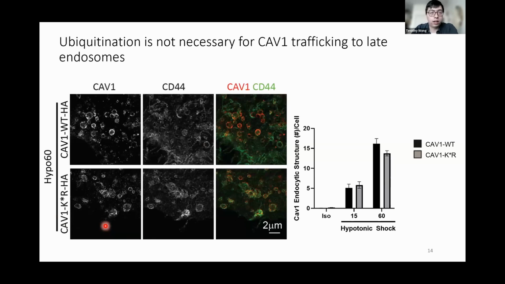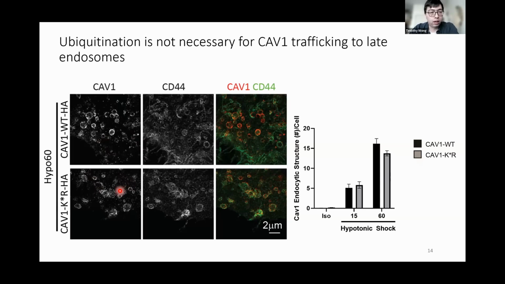So now that we understand that these structures are LAMP1 positive, possibly lysosomes, we then tried to express the CAV1 ubiquitin mutant. This was the mutant developed in that previous paper, where CAV1 cannot be ubiquitinated, and there's a decreased amount of degradation.